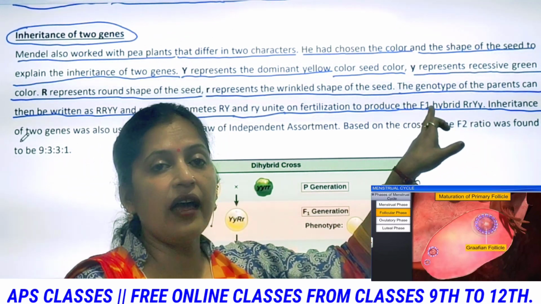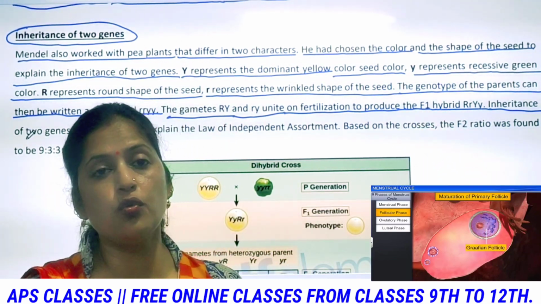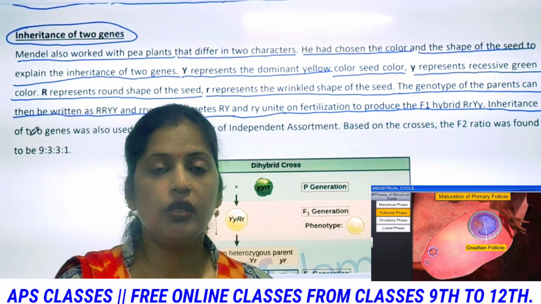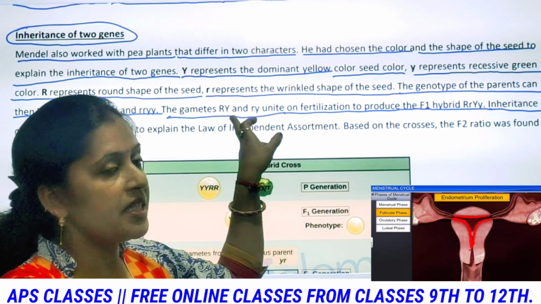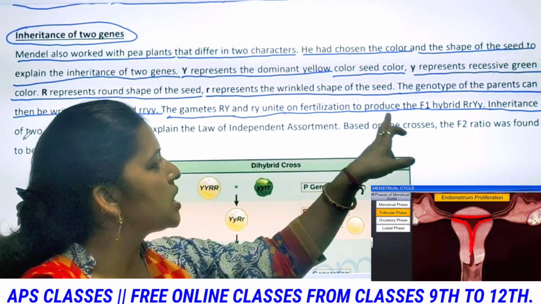So this is the F1 hybrid that is produced after the union of the gametes, capital R, capital Y and small r, small y.